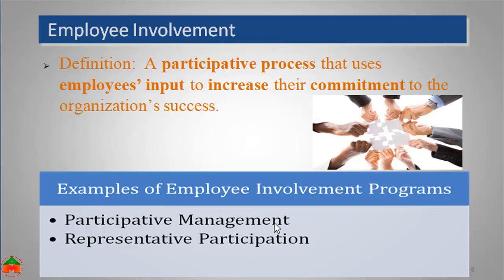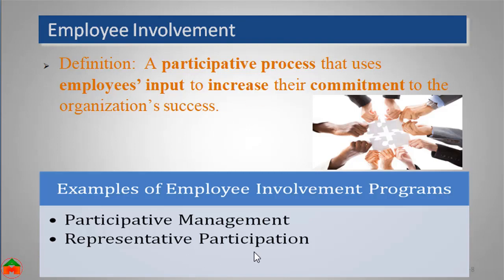That's why they will try their level best to achieve that policy of the organization that will ensure the success of the organization. On the other hand, representative participation tries to redistribute power by putting labor on a more equal footing with the interest of managers and stockholders. The managers do this by letting the workers be represented by a small group of employees who participate in decisions.